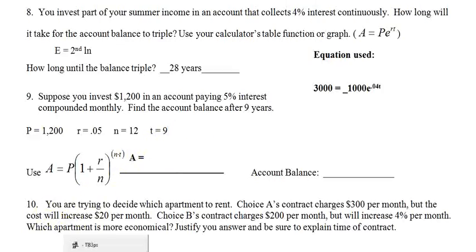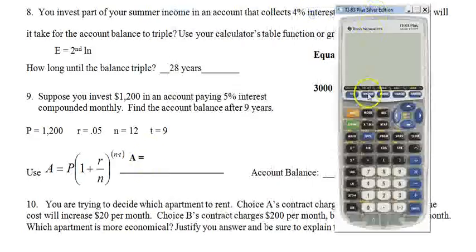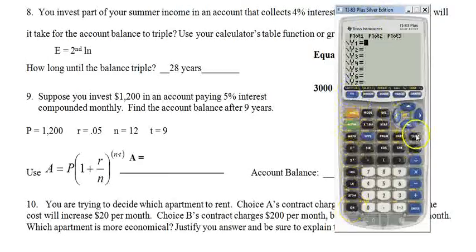So for the A equals part, we've got our principal, 1,200, times (1 plus my rate, 0.05, divided by my n value, 12), and then we're going to take that to the n times t power.